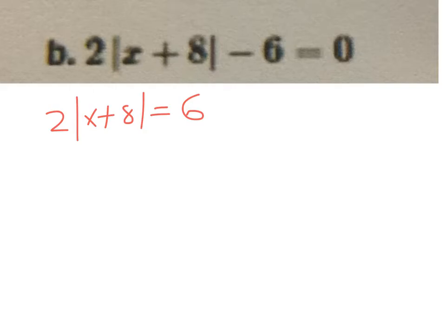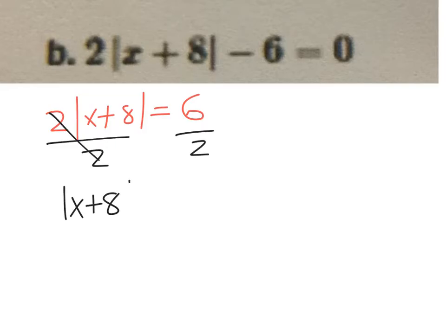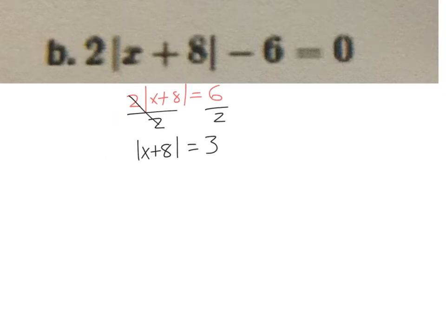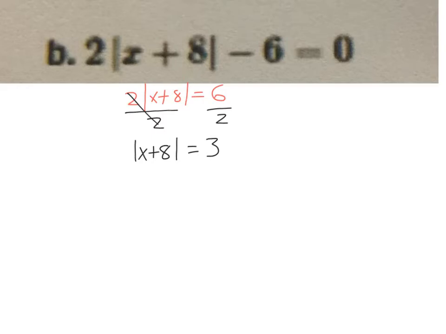And now they're still not isolated because they're being multiplied by 2. So I'm going to divide both sides by 2. That's going to give me the absolute value of x plus 8 is equal to 3. Okay, so now I've got the absolute value bar isolated.